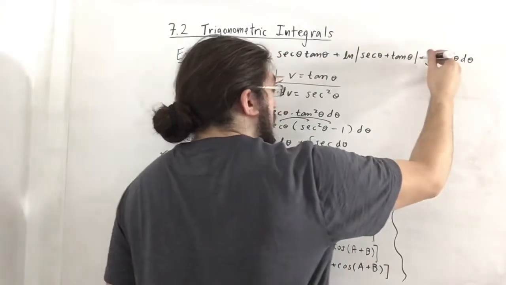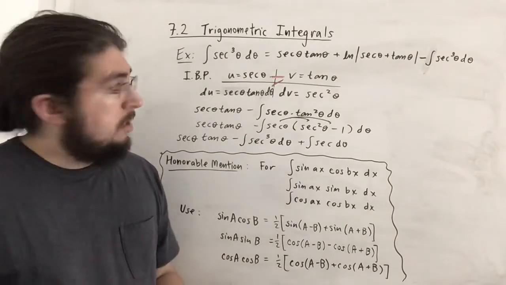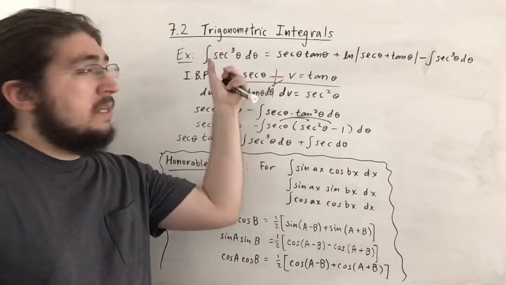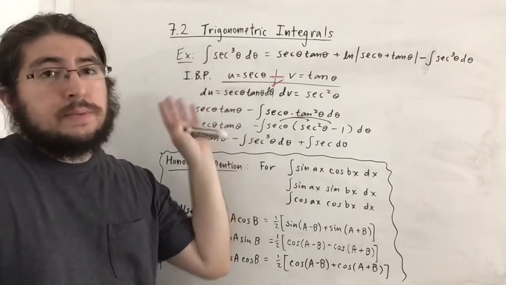So normally the way we handle this is we call this integral I, and then we can solve for I. I'm just going to clean this up real quick, add this to the other side, and then we'll have 2 times this integral. We can divide by 2 and then be done.